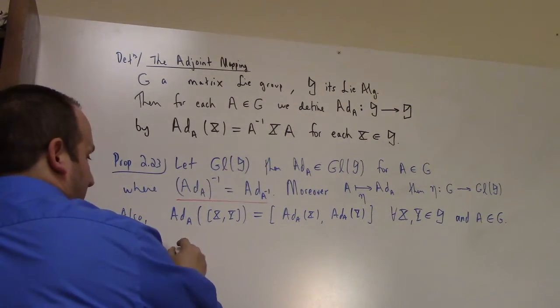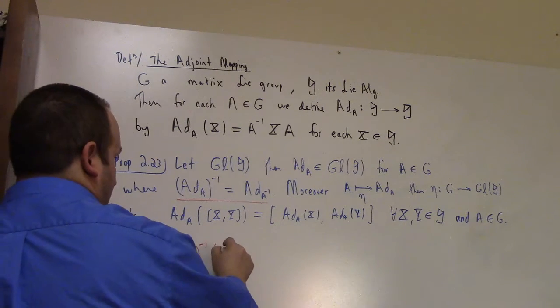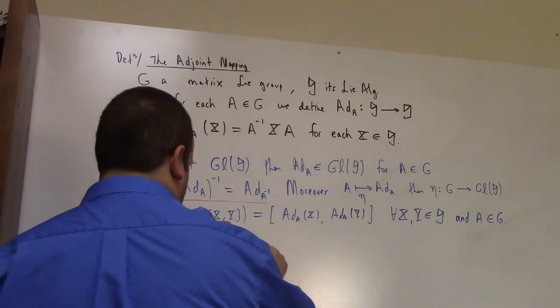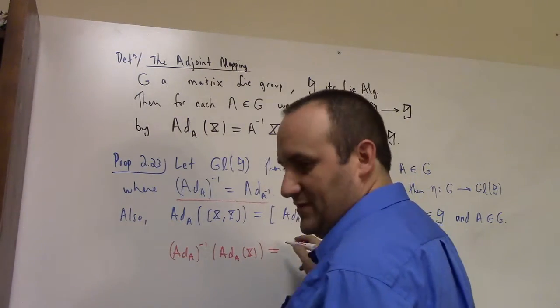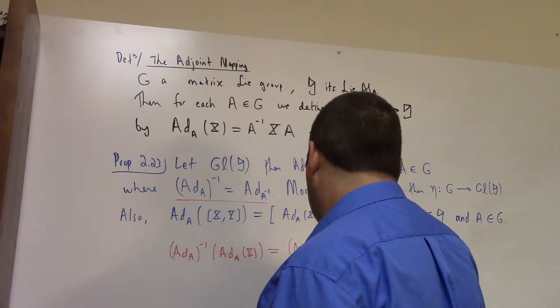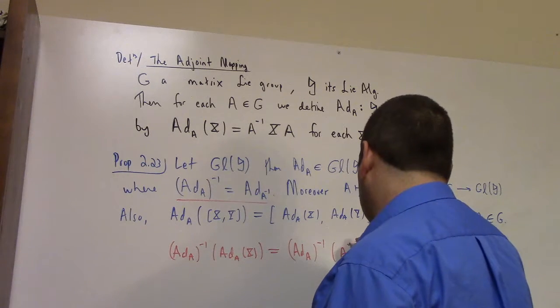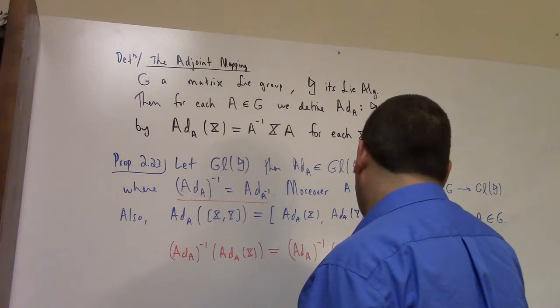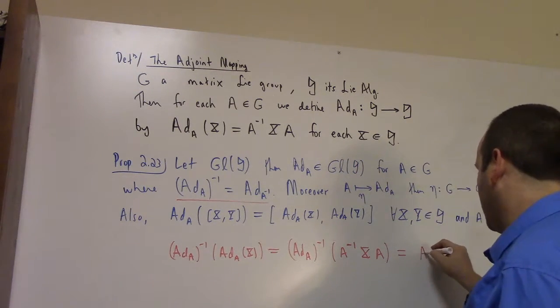Take Ad A inverse of Ad A of x. I'll just check one. If it works for this, I'm willing to accept my fate. The adjoint of A inverse, using your formula, is A inverse XA. Oh, it's obvious. As I write it, I'm just like, oh well, duh. A inverse inverse.